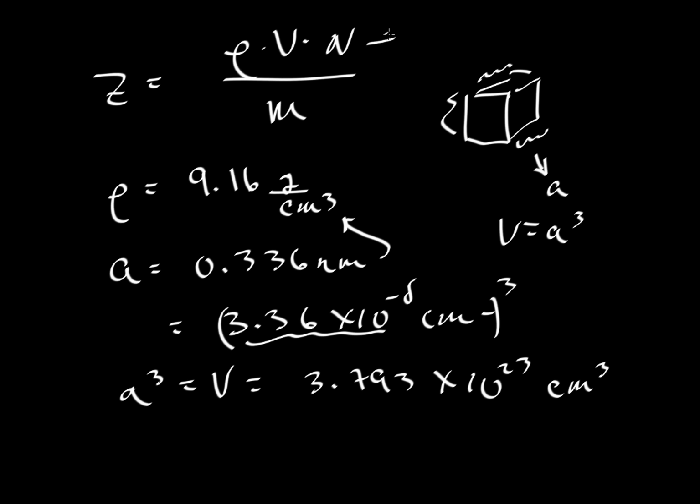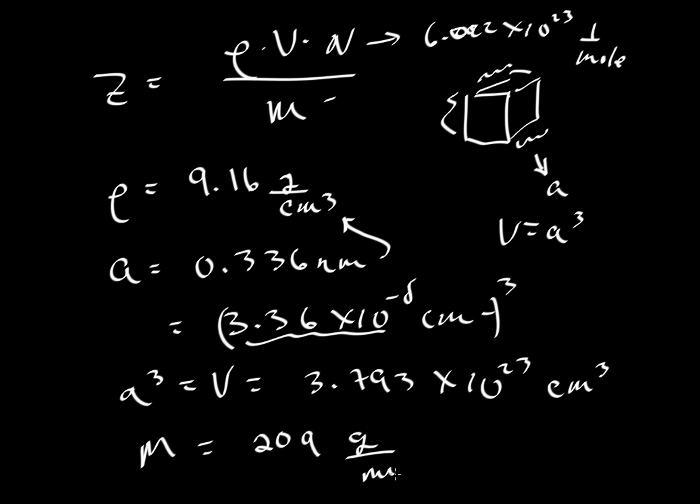And then N, it has its usual value, 6.022 times 10 to the 23. I usually describe this as being unitless, but really you can think of it as being the number per mole, and we're going to need that to see everything cancel out. So, one last value we need is the denominator here, M, the molar mass, essentially the atomic weight, because we only have one atom, is 209 grams per mole.